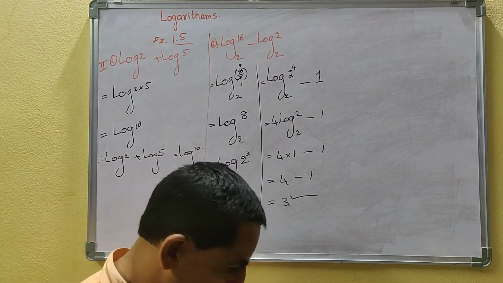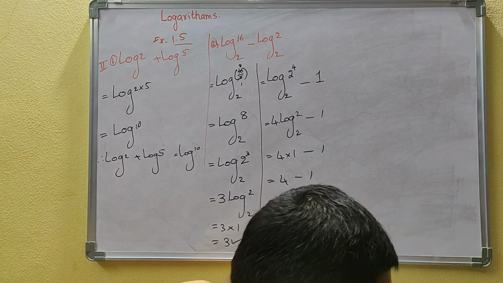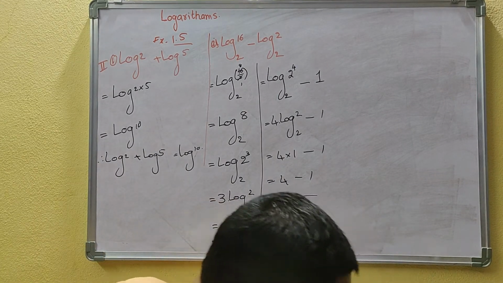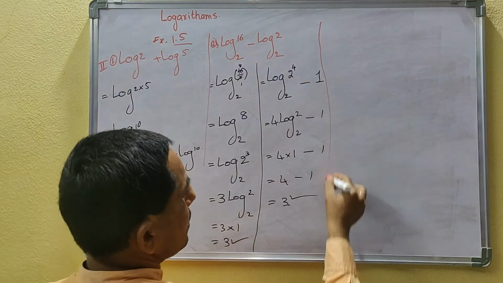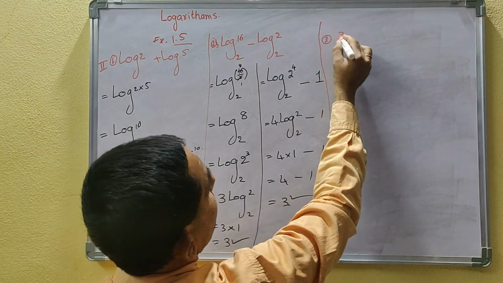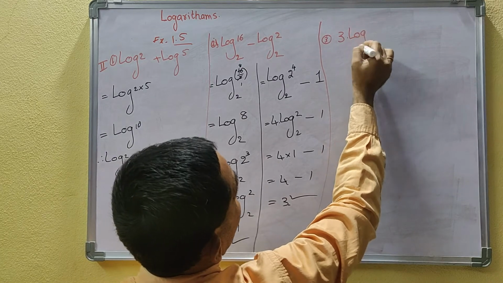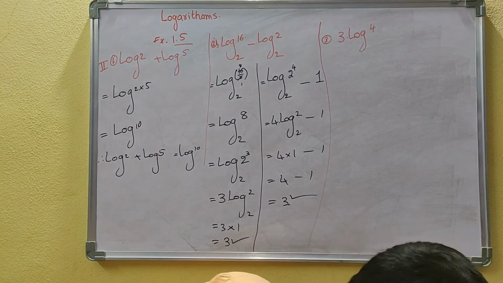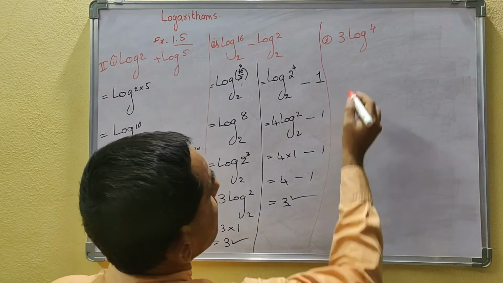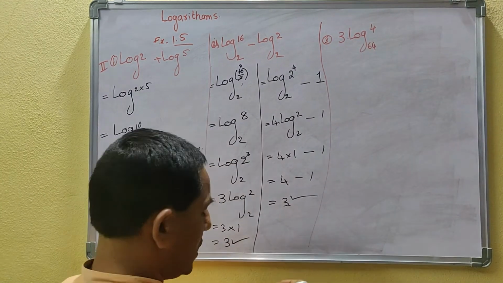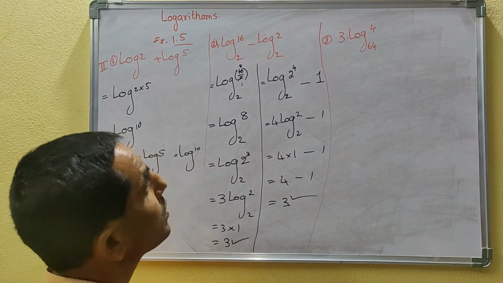Next, third question: 3 into log 4 base 64. This is a simple answer.